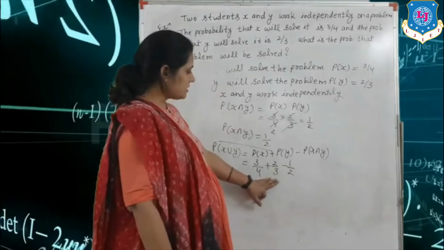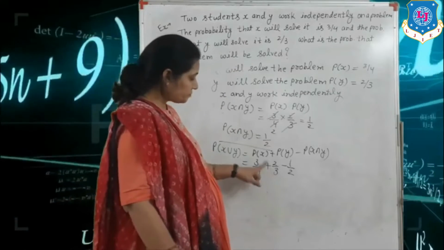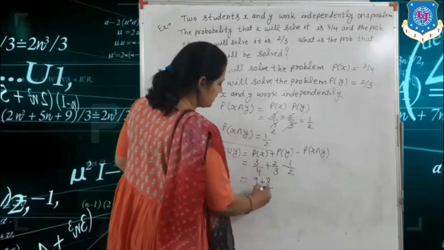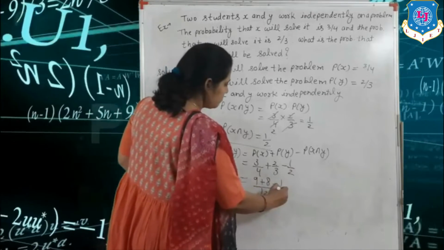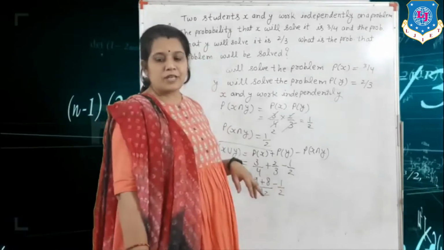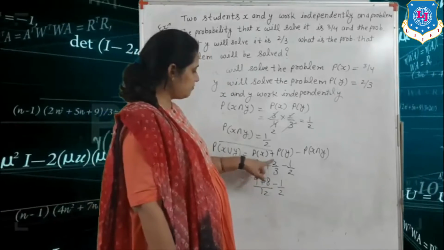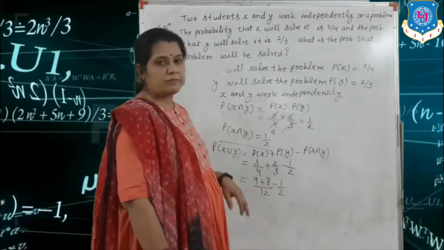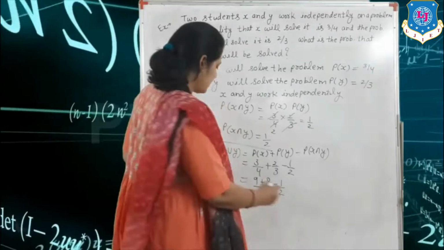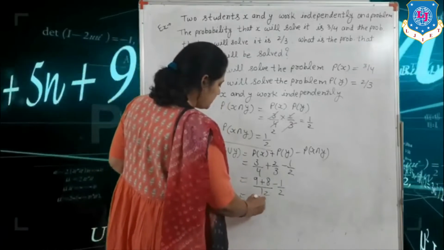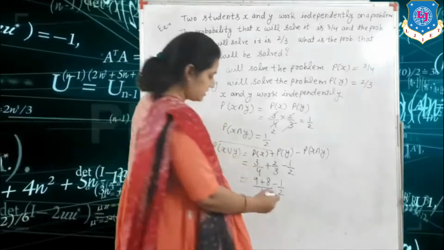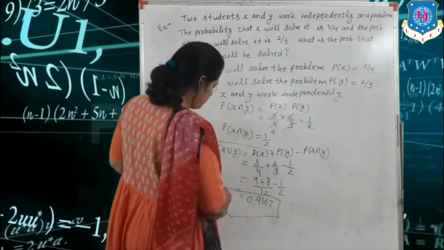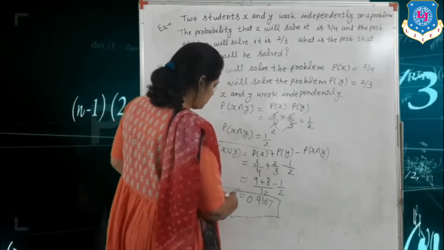So solve all these values. Here we get 9 plus 8 divided by 12, minus 1 by 2. 3 3s are 9, 4 2s are 8. So 9 plus 8 over 4 3s are 12, minus 1 by 2. So we get the answer 0.9167. This is the value of the probability of X union Y.